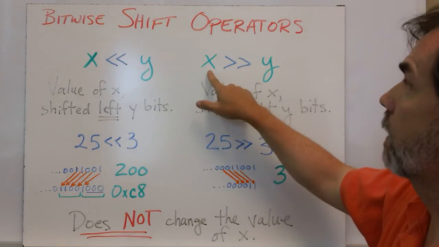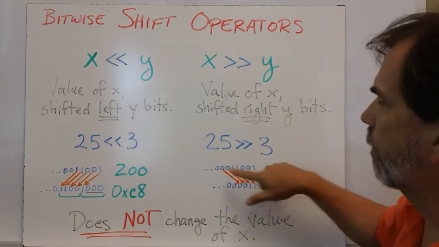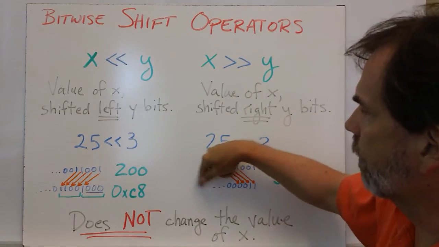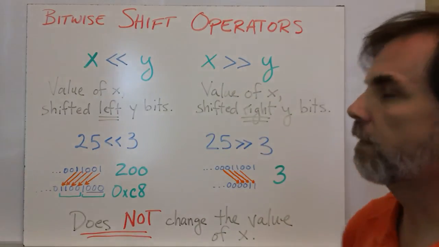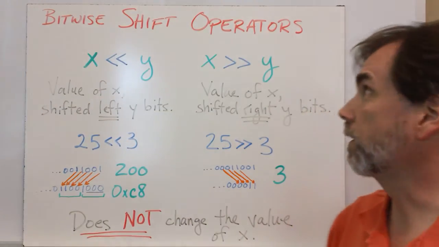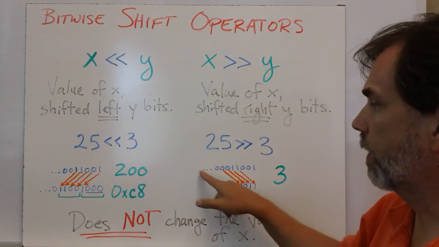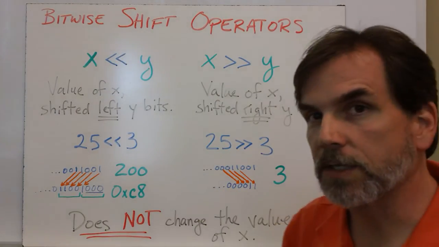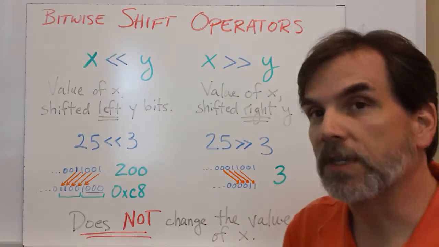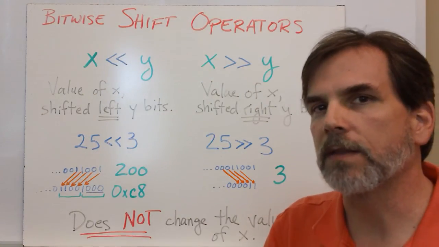And one more thing, the right shift operator fills in with zeros on the left if the value of x is positive, or it's an unsigned value. If x is negative, then whether you put zeros or whether you do a sign extension is implementation dependent. So just be careful if you're right shifting values that may be negative.